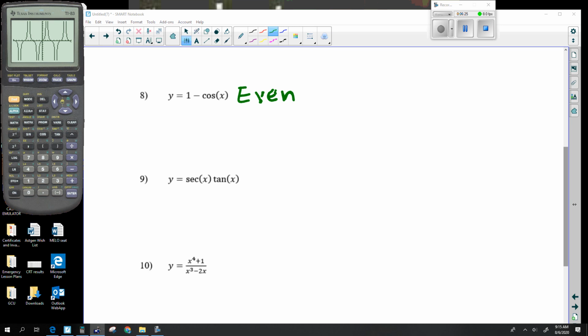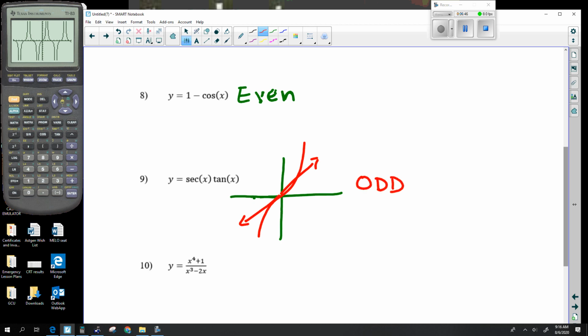And so notice what this is looking like as far as the origin is concerned. Just want to make sure that I'm not saying something bad. Yeah, so it looks something like that. So the upper right is the same thing as the lower left. This is an origin. This is an odd function.